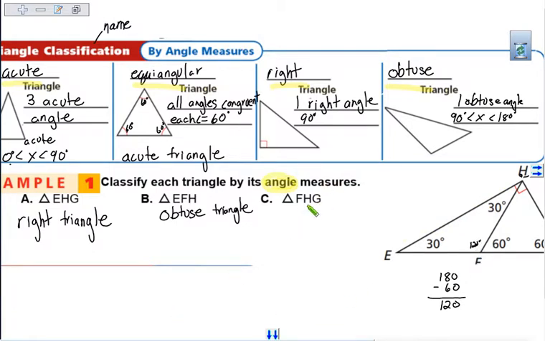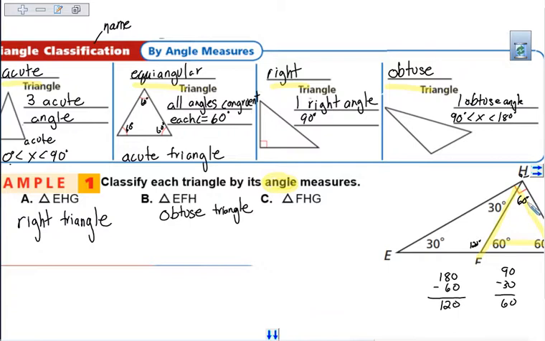And then our next one that we're classifying by angle measures is triangle FHG. So we have angle HFG and angle G are both 60 degrees. What's that mean about the last angle in this triangle? It is also 60 degrees. If you didn't know that, we had this whole angle equaling 90 and a part of that angle equaling 30. And 90 minus 30 is 60.